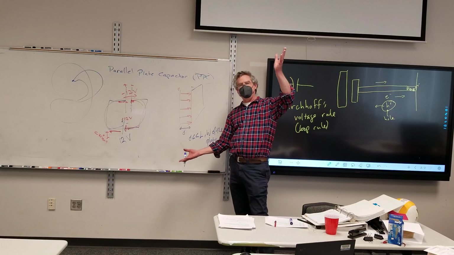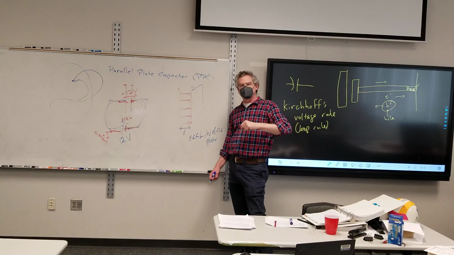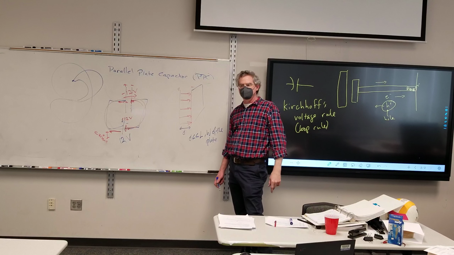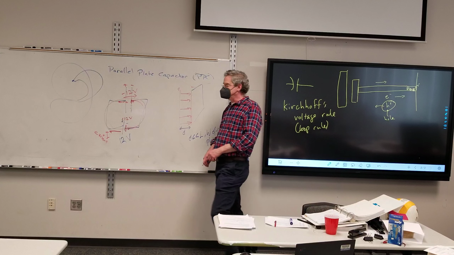If I have an infinite plate with a uniform charge distribution on it, what is the electric field that comes from a single infinite plate with a uniform charge distribution? This is one of those things that's good to know.